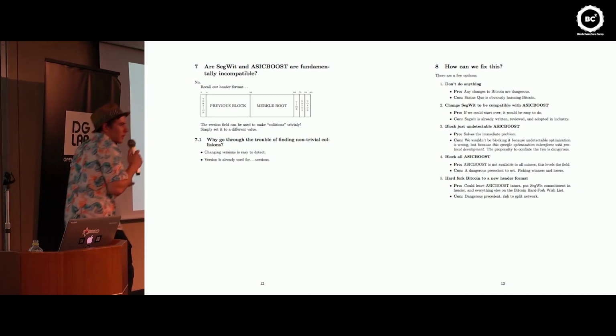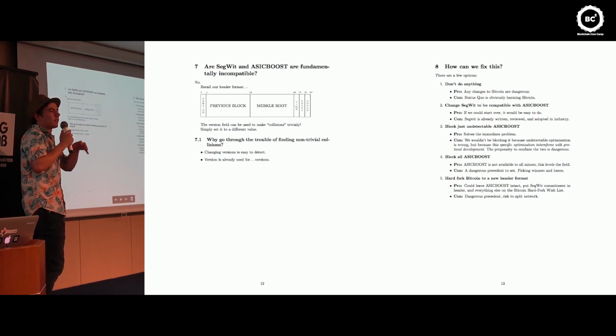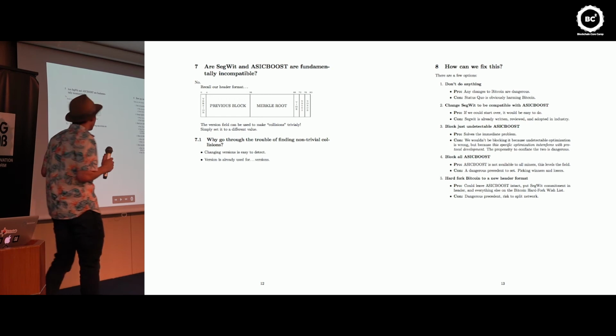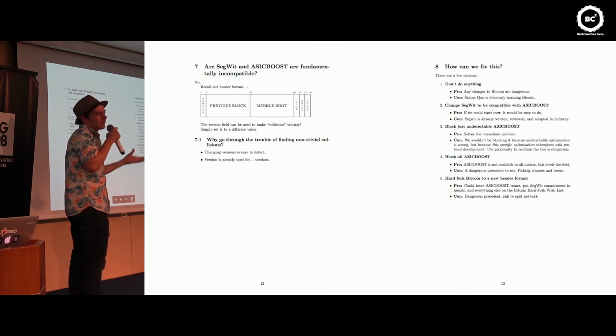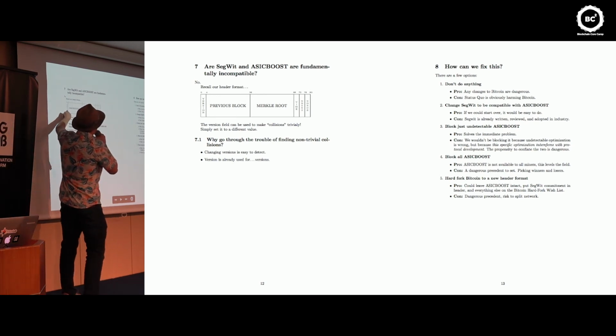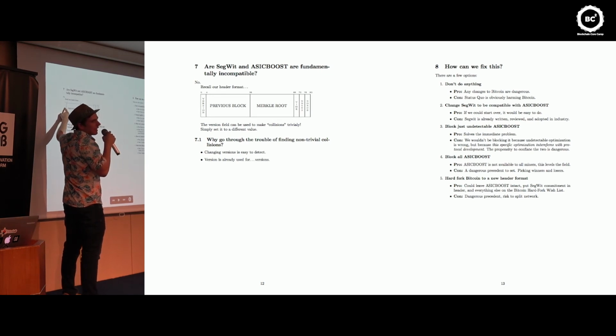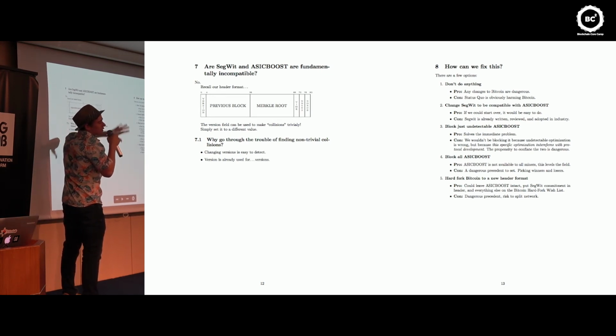So this leads to a question: are SegWit and ASICBoost fundamentally incompatible and irreconcilable? Somewhat trivially, that is not the case, because a miner could just change the version field and be able to have lots of different chunk A's.